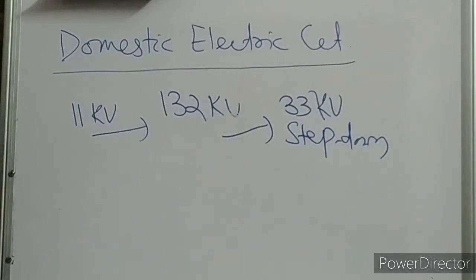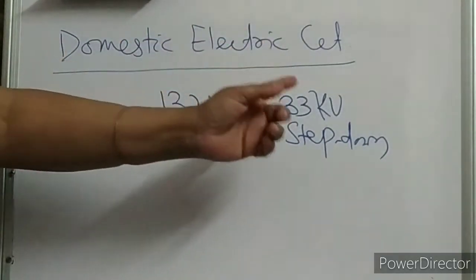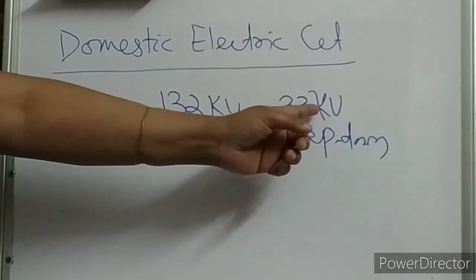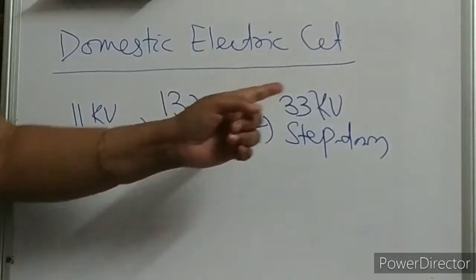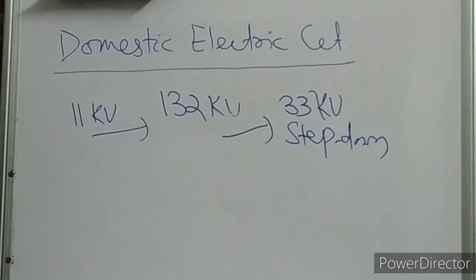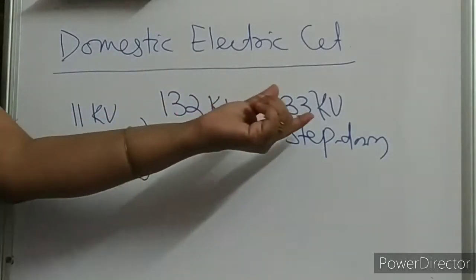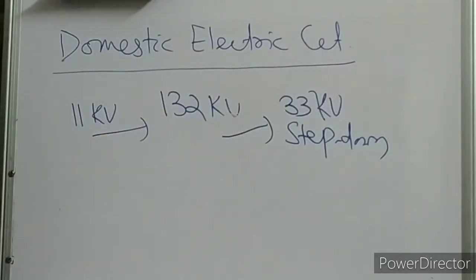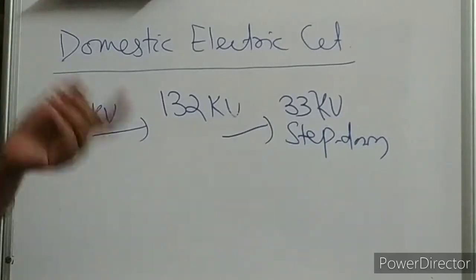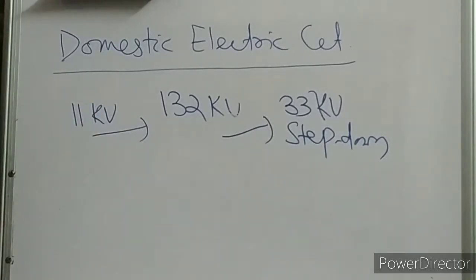So at the main substation we use a step down transformer from 132 kilovolt to 33 kilovolt. These 33 kilovolt can be directly supplied to all the big industries. They need this high voltage supply. Clear, children?